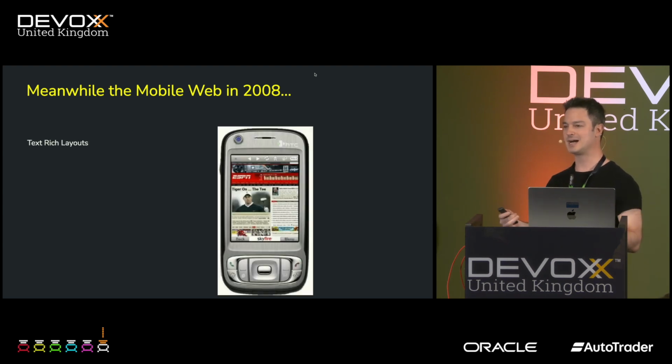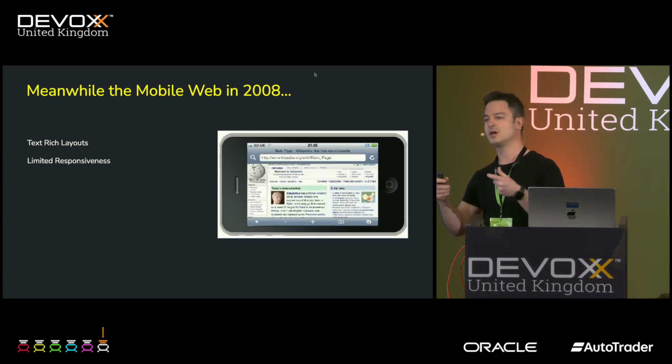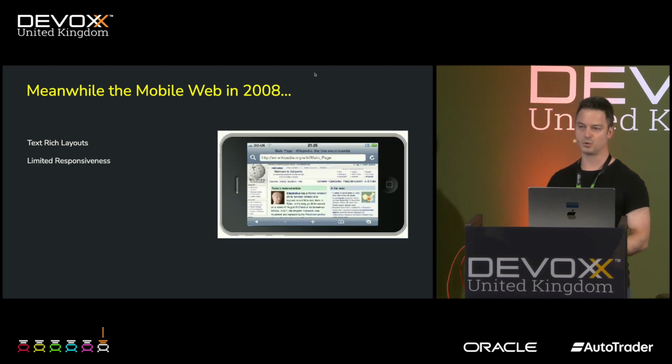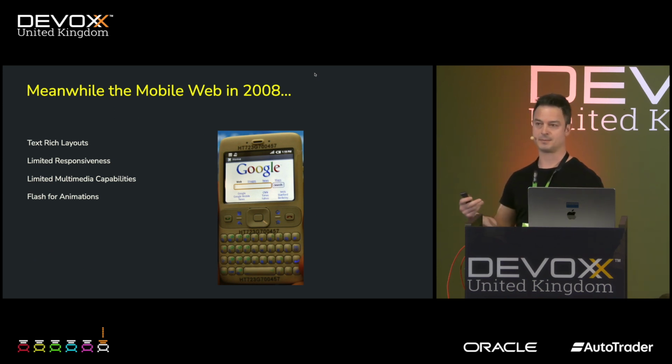Not only were the layouts extremely dense and text-rich, but responsiveness was also very poor. It was not really something that developers had in mind. Plus, there were a lot of other things missing.